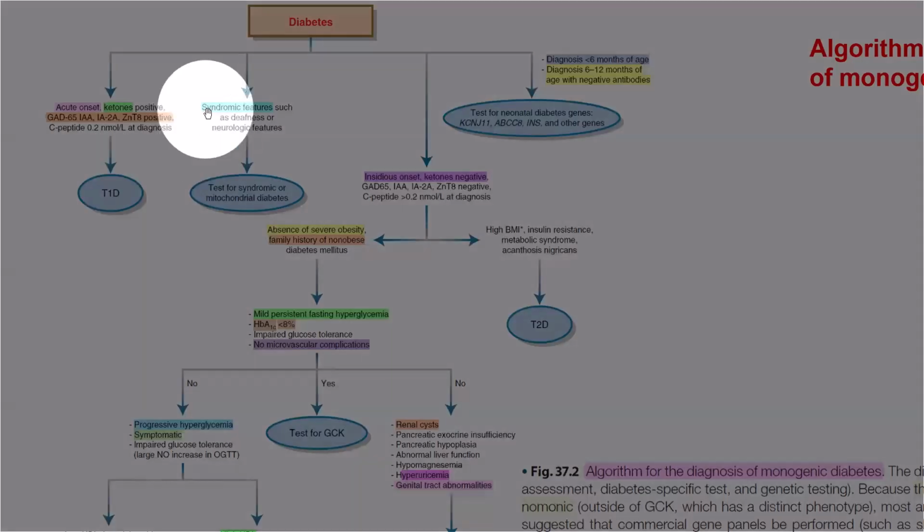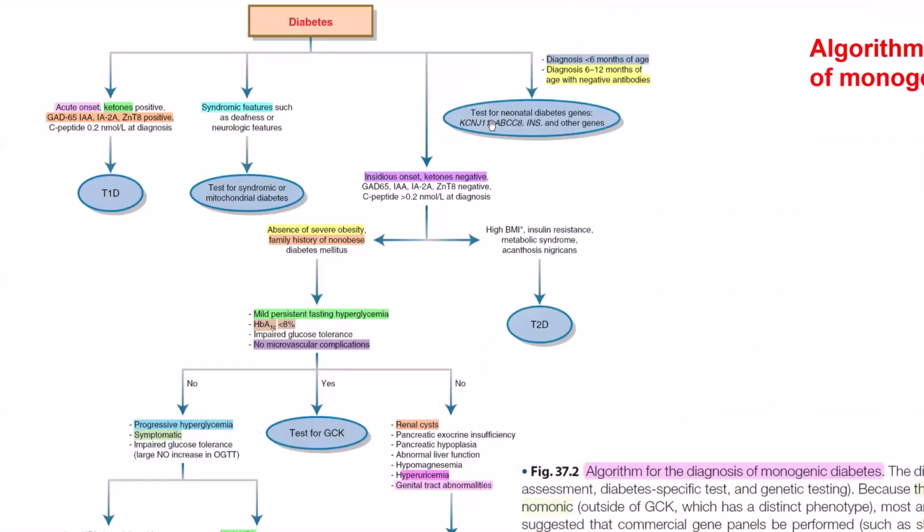If we have syndromic features, for example deafness or neurological features, it is usually mitochondrial diabetes or another syndrome according to the other features. If diabetes is diagnosed before the first 6 months of life, or between 6 and 12 months, without positive autoantibodies, it is usually neonatal diabetes mellitus.